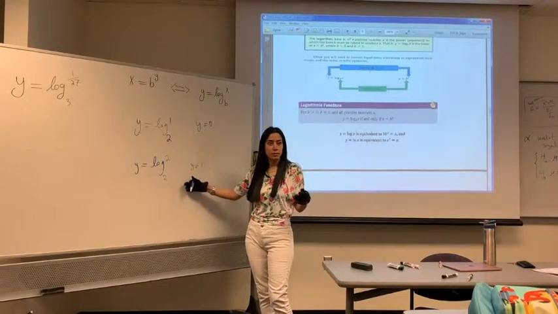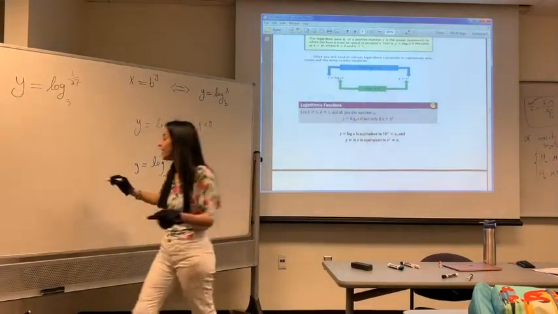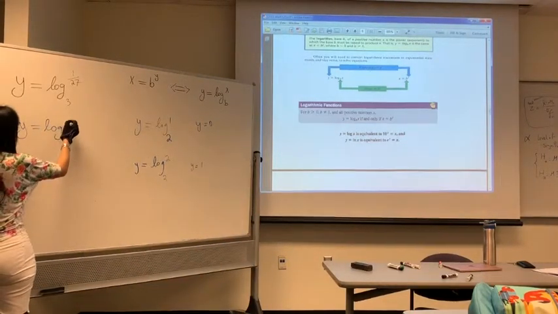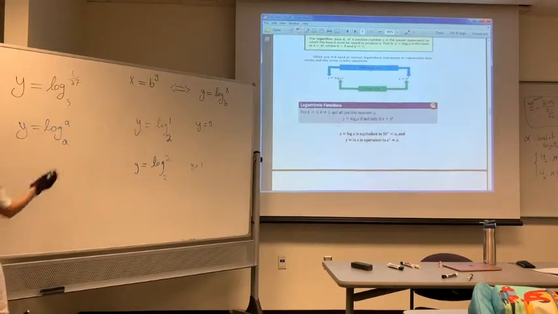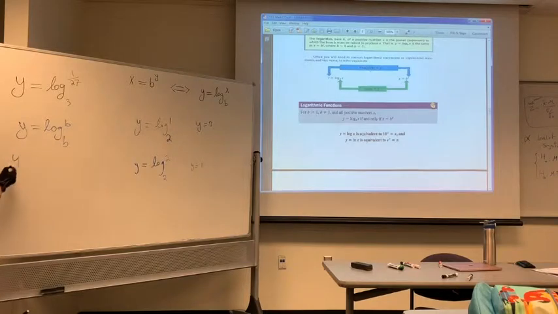Do you understand this? So this is actually a logarithm rule. If we have y equal log of b, base b, so y is always equal to 1.